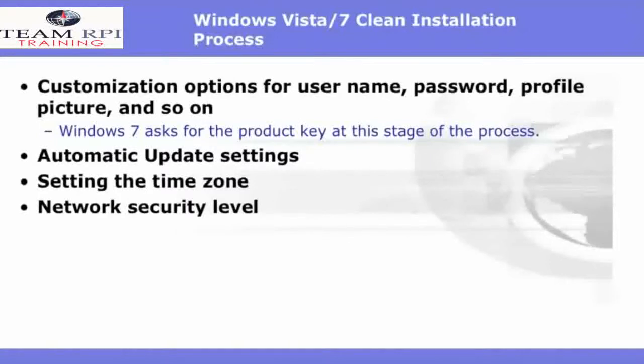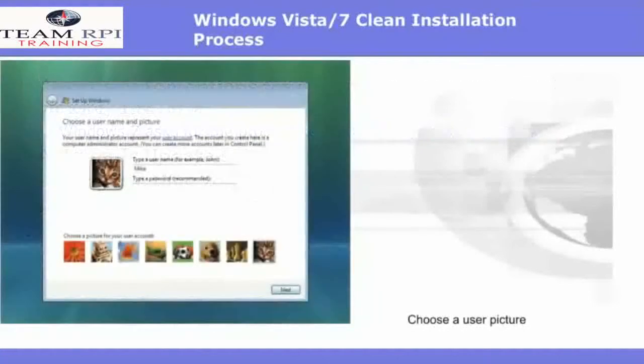Now it's time to give our computer a name, an administrative password, and we get to choose our profile picture. We'll also configure any automatic update settings we wish to have, set the time zone, and the network security level. Maybe a kitty cat.